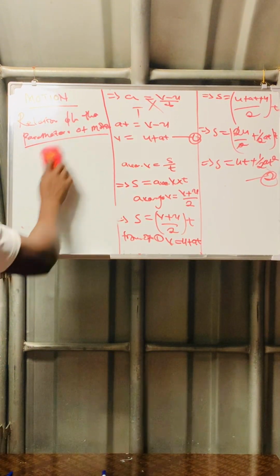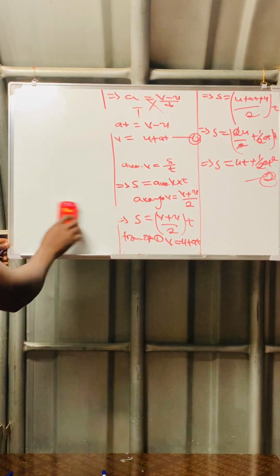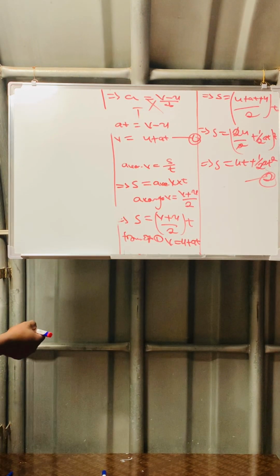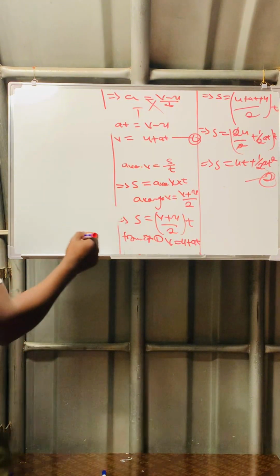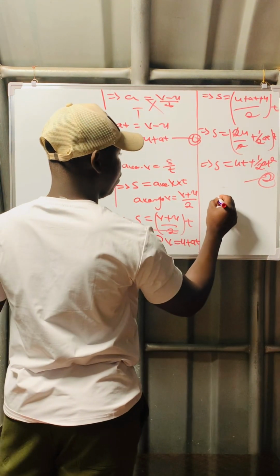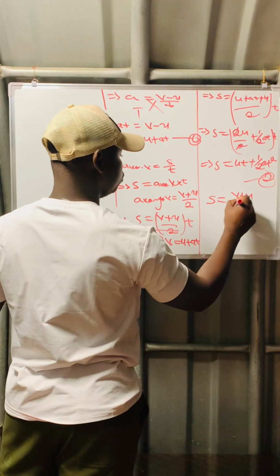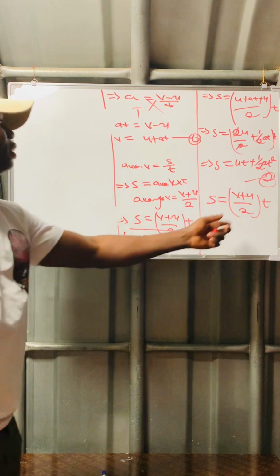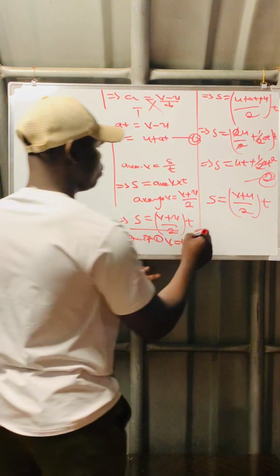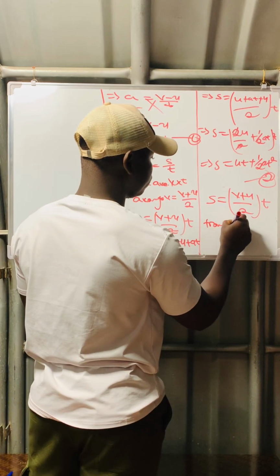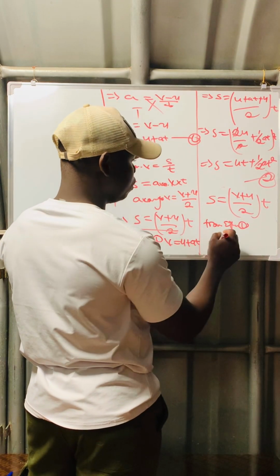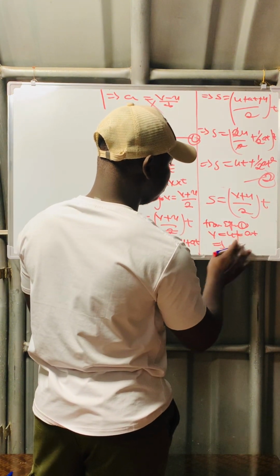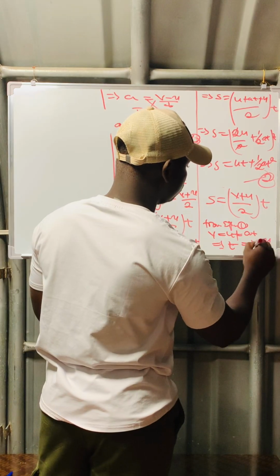Let's look at the final and last equation of motion. We know s is equal to v plus u all over 2 multiplied by t. Let's make t the subject and put it inside the equation. From equation 1, v is equal to u plus at, which implies that t is equal to v minus u all over a.